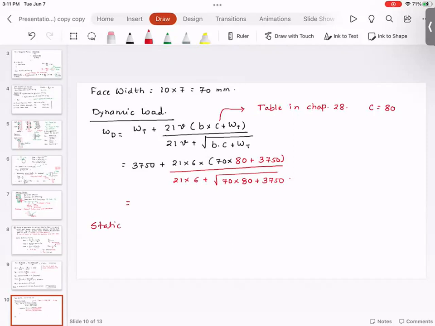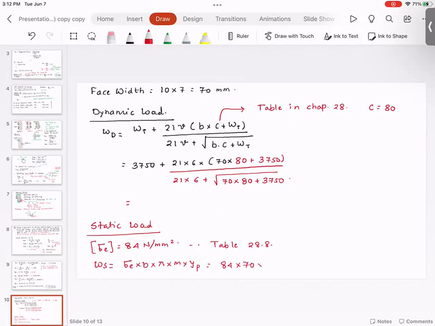Static load, sigma E, the Kelvin value of WS. 9,000.